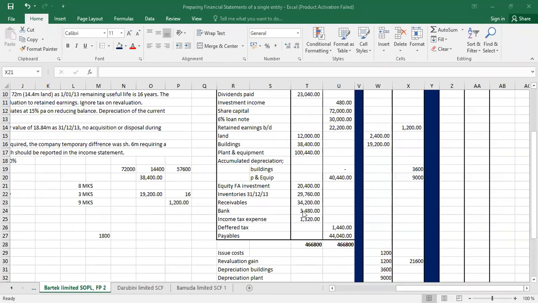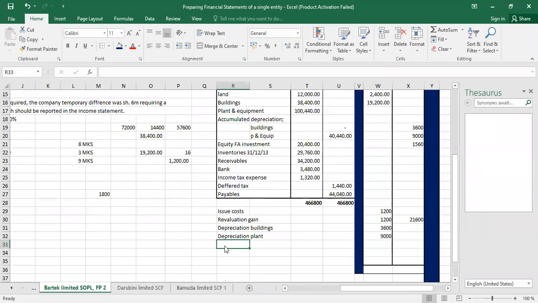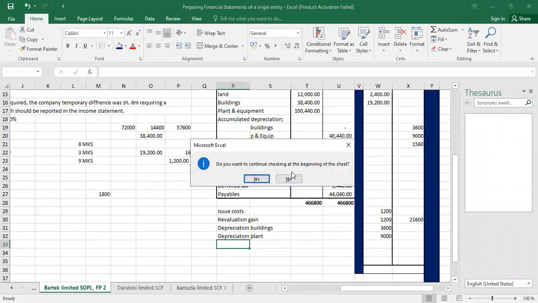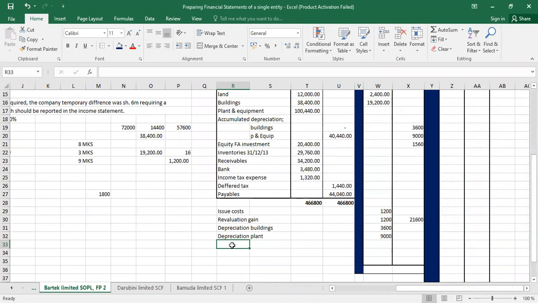So if it is reducing and it's on the debit column, we credit, isn't it? So here, equal, it was 24,000 minus 18,840, isn't it? You get 5,160. So this 5,160 is the fair value loss.